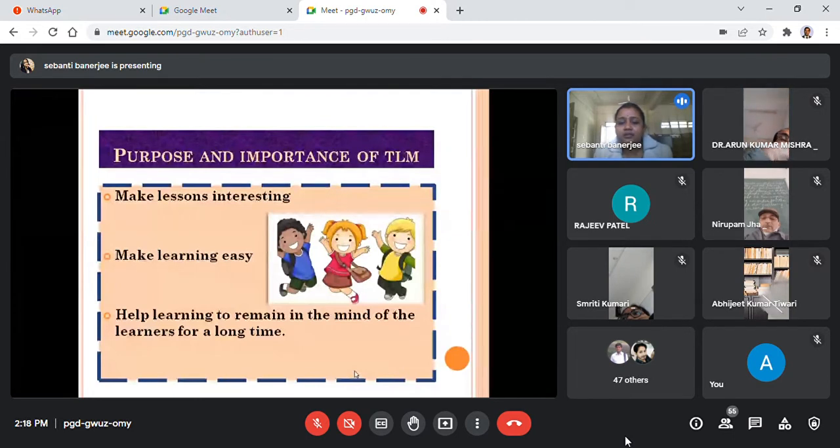Generally, a teaching process comprises only the hearing process. But if a TLM is being projected to the students, then the visual sensory organs are also engaged. It will increase the teaching learning process. It will increase the retention of the chapters for a longer period of time.